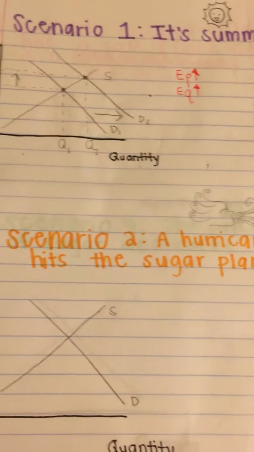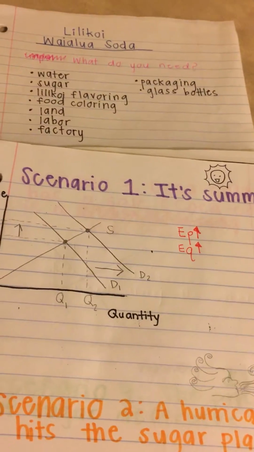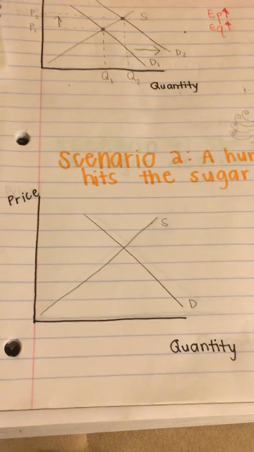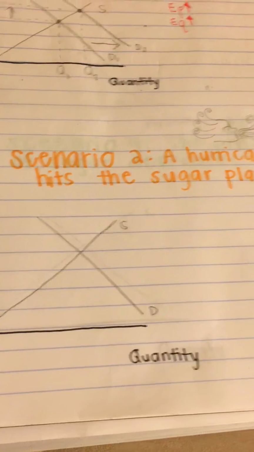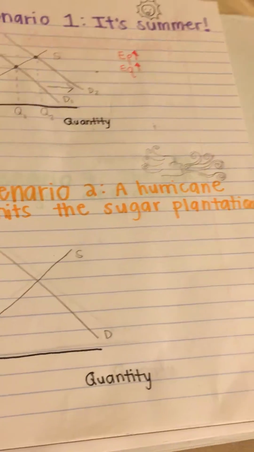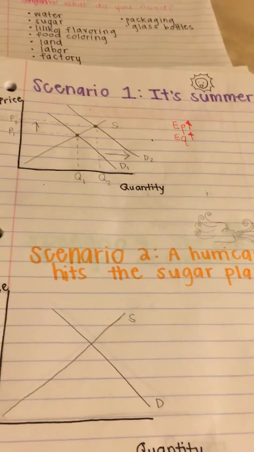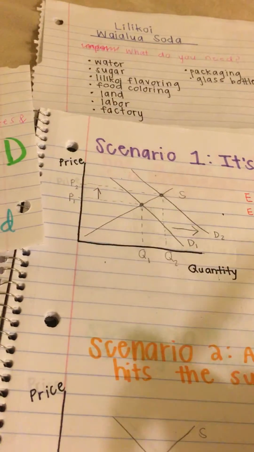A hurricane hits the sugar plantation that Wailua soda uses to get their sugar. We have our supply and demand curve. Now, if a hurricane hits the sugar plantation, what's going to be affected? The supply is going to be affected because one of your inputs over here is decreasing.